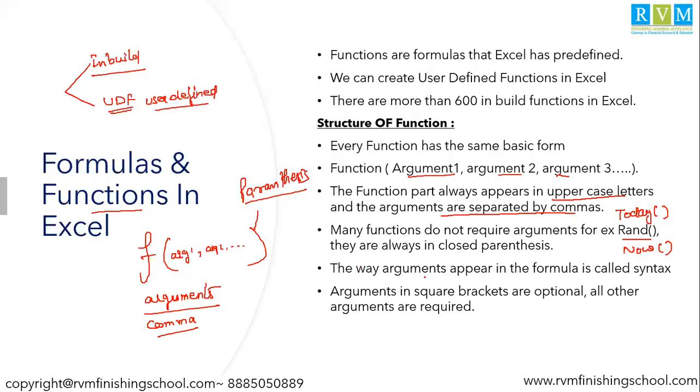The way arguments appear is known as syntax. For example, what is the syntax of VLOOKUP? We are trying to understand how VLOOKUP is written. Arguments in square brackets are optional.